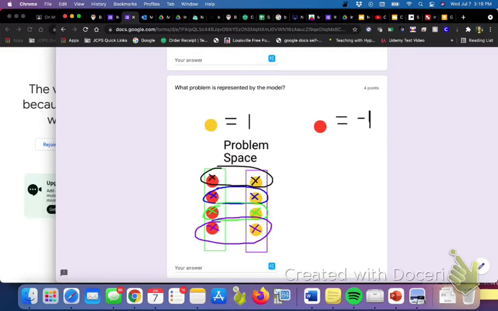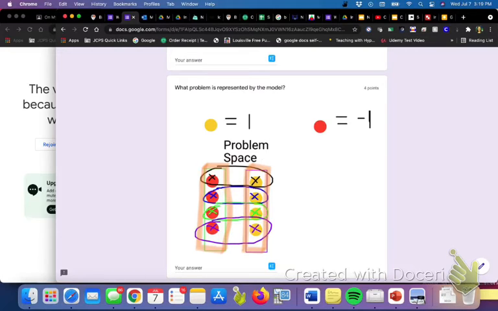In this next example, you can see that two different groups were added into the problem space. The green rectangle represents one group that was put into the problem space, and the purple box represents the other group.